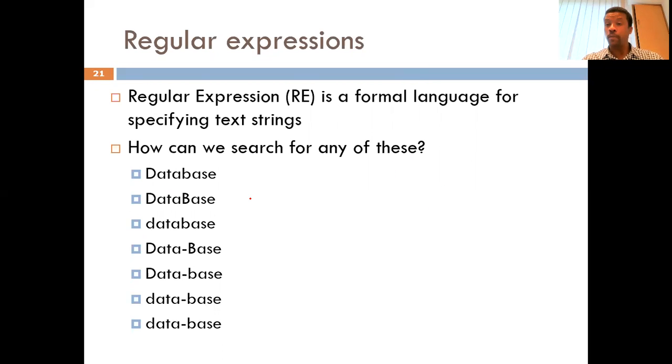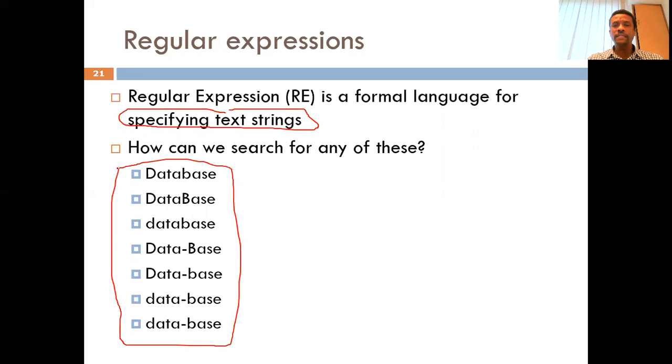Regular expression is a formal language used to specify how a string is going to be manipulated, searched, or matched. For instance, as you can see, all these words mean the same thing. They refer to the concept of database, but they are written in different ways. Since the computer uses encoding, none of them would be equivalent for the computer.